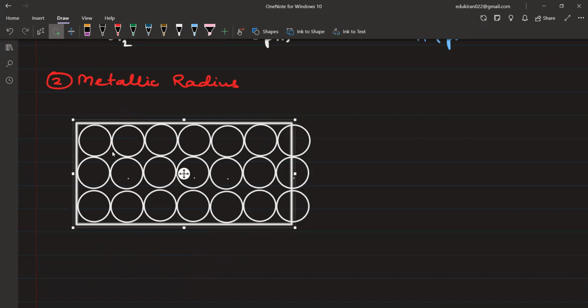I think I have to increase the size. Yeah, fine. So this is a block of metal. We call it metal lattice.